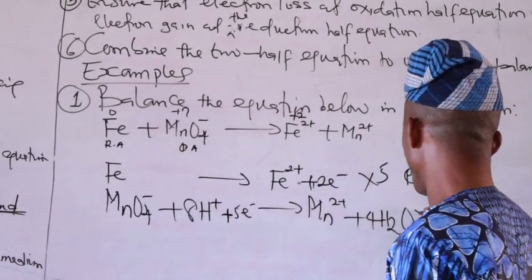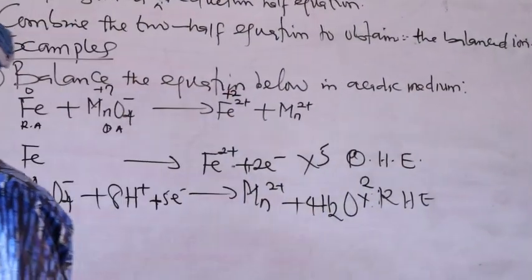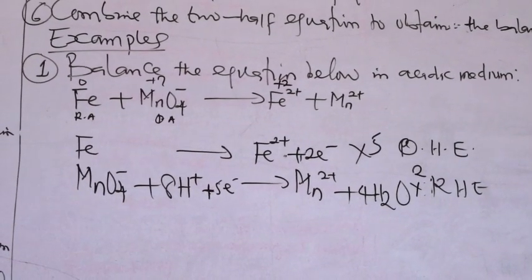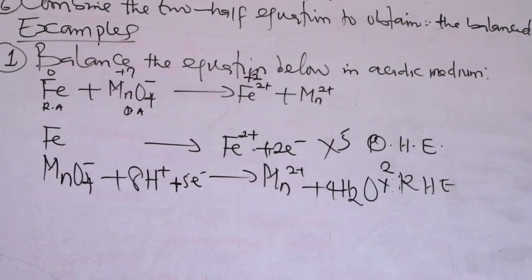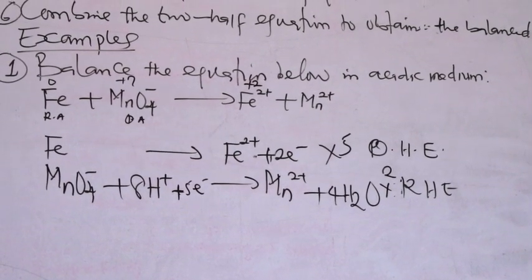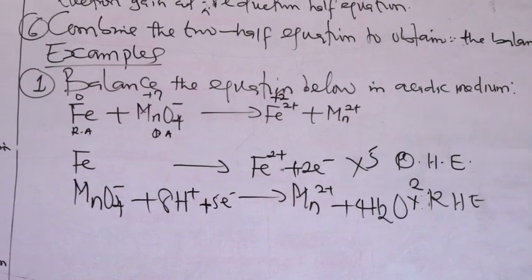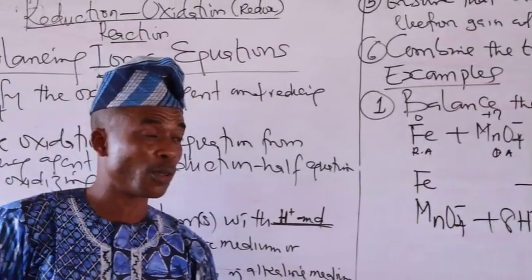I multiply this equation by what? By 2. That means the oxidation half equation should be multiplied by 5, while the reduction half equation should be multiplied by 2. The essence is this. We want to eliminate the electron, because the oxidizing agent is gaining electron that is lost by the reducing agent. So it must be equal.